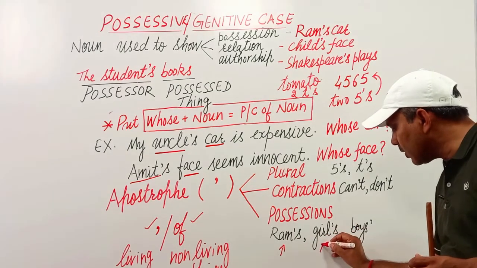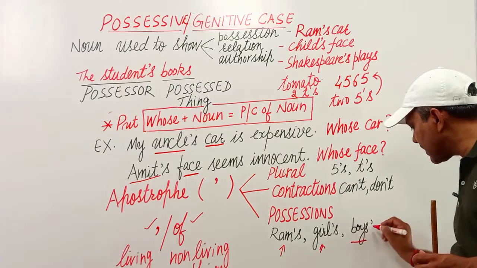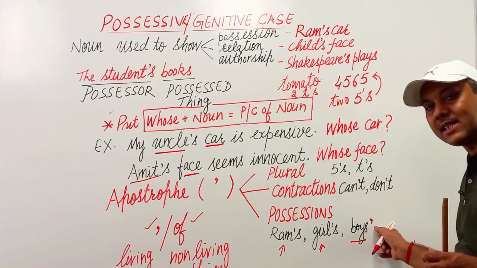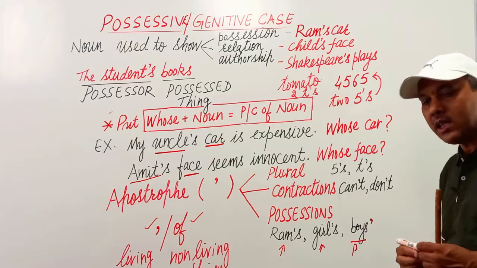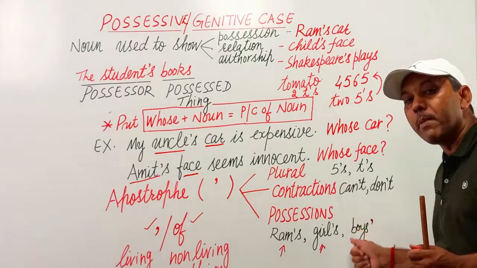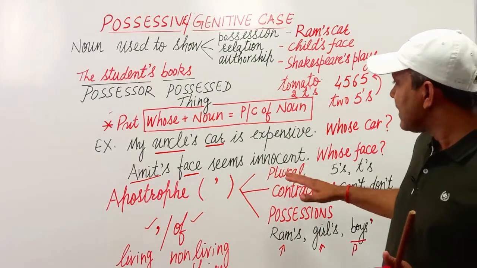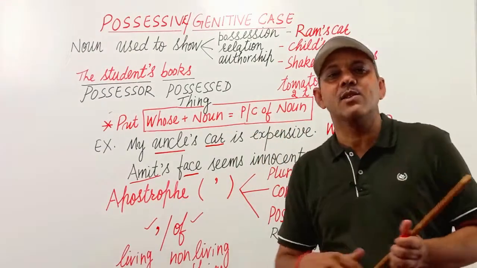Girl's means a singular girl, apostrophe s, and boys', the apostrophe is marked after s. It means this boy is plural, something possessed by the many boys. In this way, we can write, identify or form the possessive case.